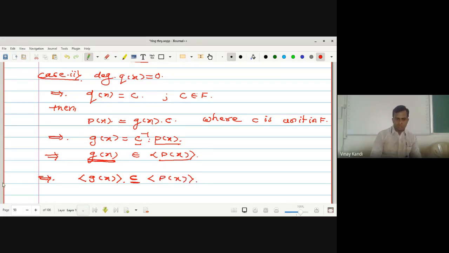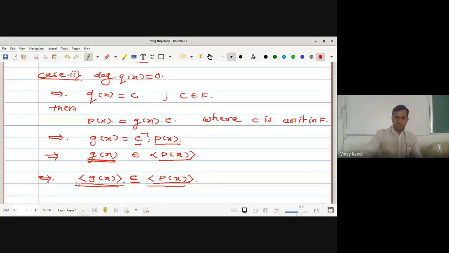ओके, एनी डाउट? हा ह्याच्यातलं एक एलिमेंट आहे. So ideal generated by g of x is contained in ideal generated by p of x. Okay, समजते का? Yes, sir. Now look at it.